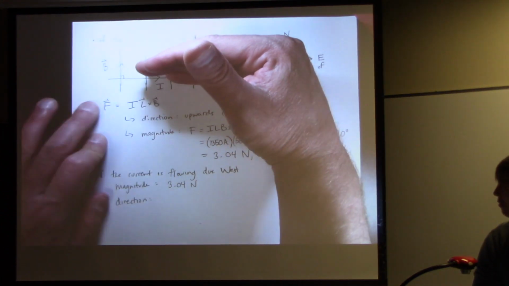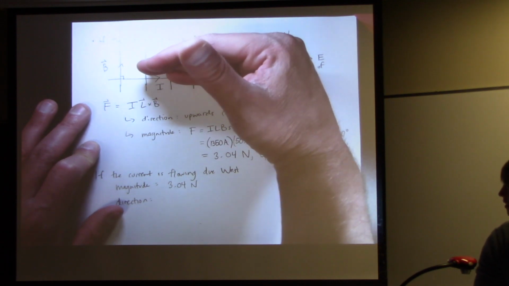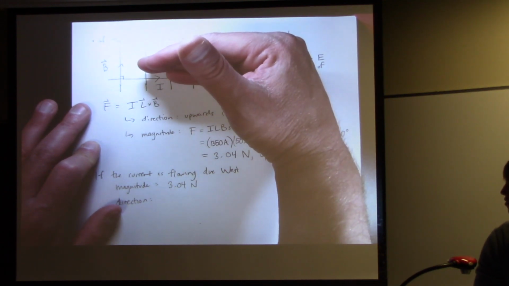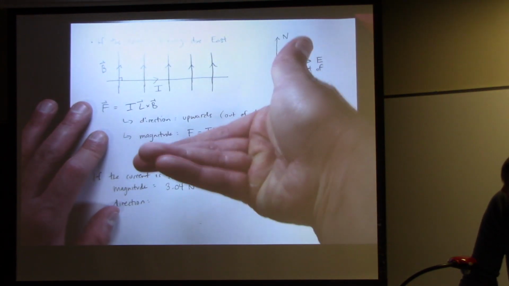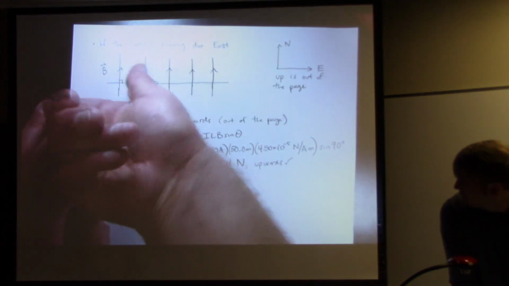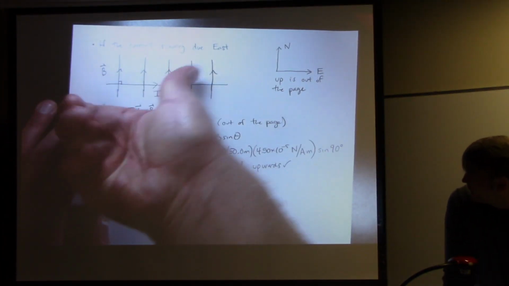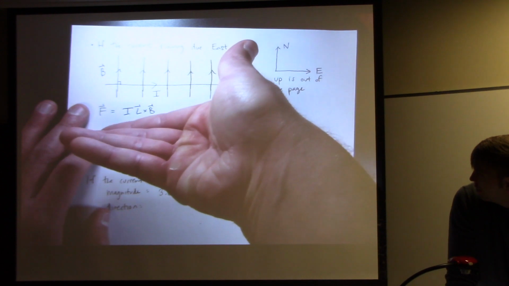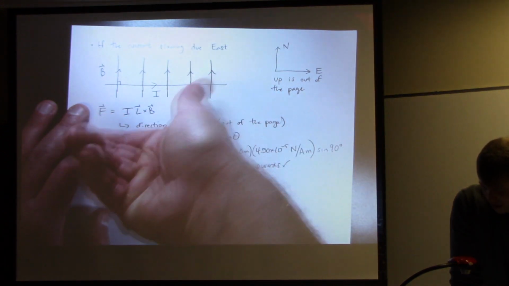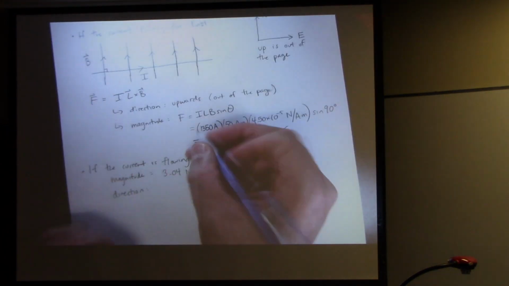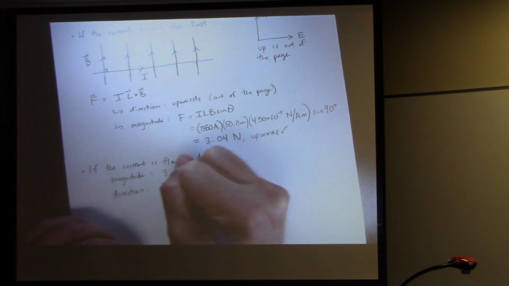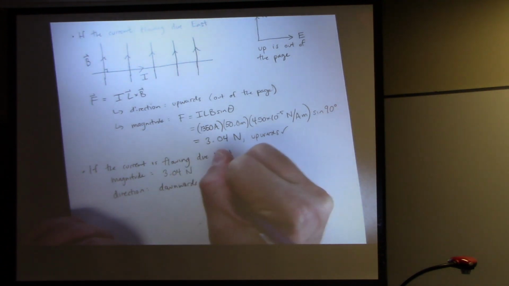The way I'm holding my hand right now, this is not going to work. I can't curl my fingers up in the direction of B. I have to flip my hand over like this, and then I can do this. So then I can take fingers in the direction of the current, curl in the direction of B. Now my thumb is going downwards, or into the page.